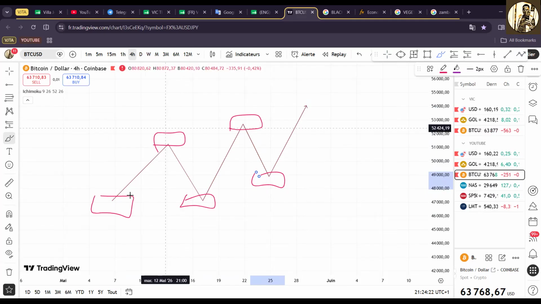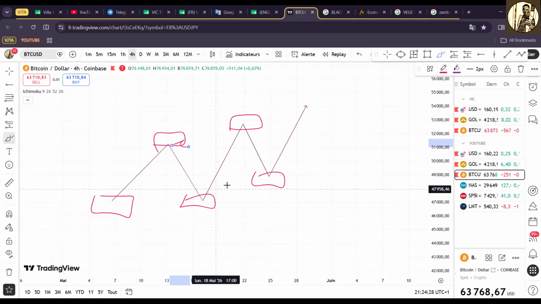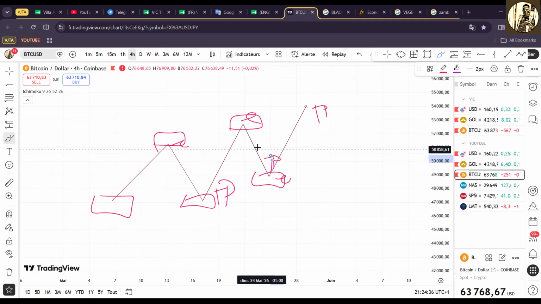The size theory is about drawing an arrow of the path of the trade from the entry year to the take profit year. So that's the size theory, using arrows to draw the path of the trade.